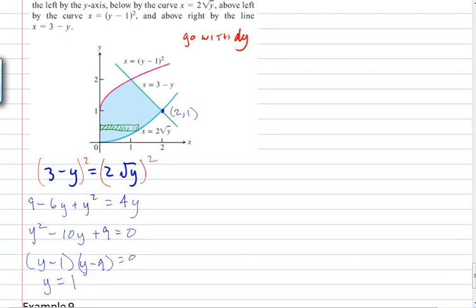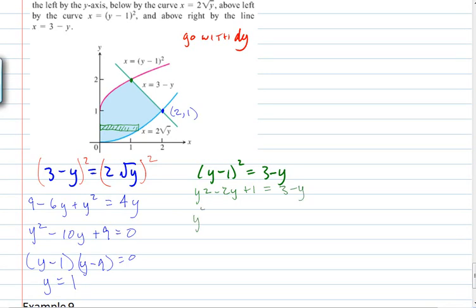What about this point of intersection? How do we find this point of intersection? We're going to look at (y minus 1) squared, and we're going to set that equal to 3 minus y. So we FOIL this out, and we get y squared minus 2y plus 1 equals 3 minus y.